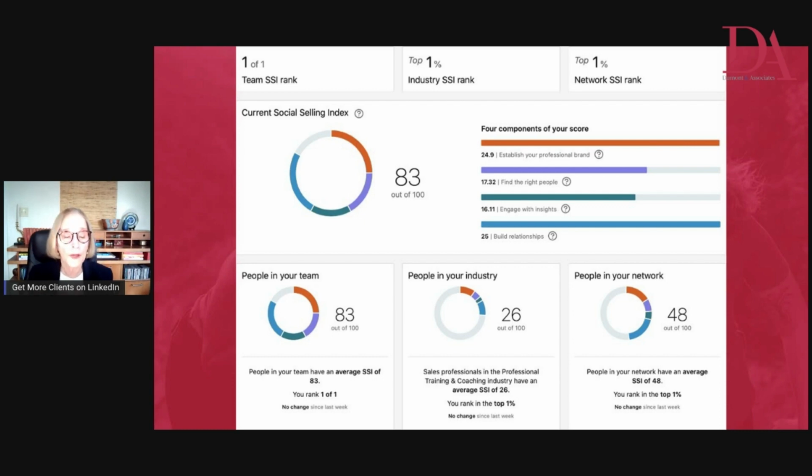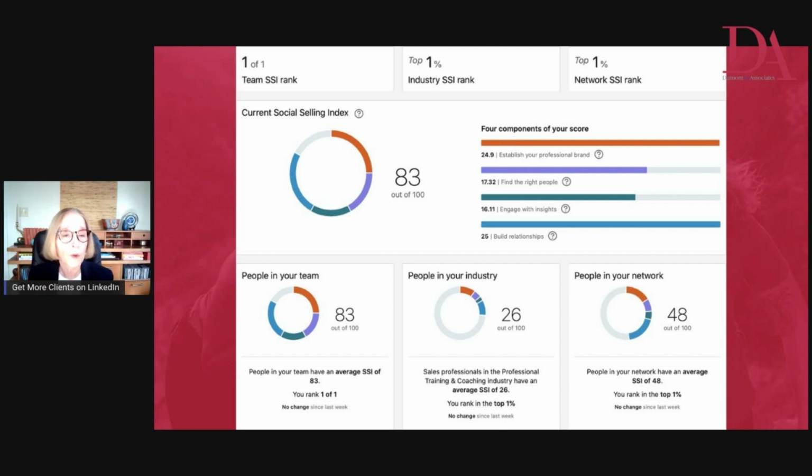Here are the percentages, how LinkedIn breaks it down. In order to really be effectively doing social selling, you have to be over 40%. Anything below that, they look at as really lacking in some of the areas.